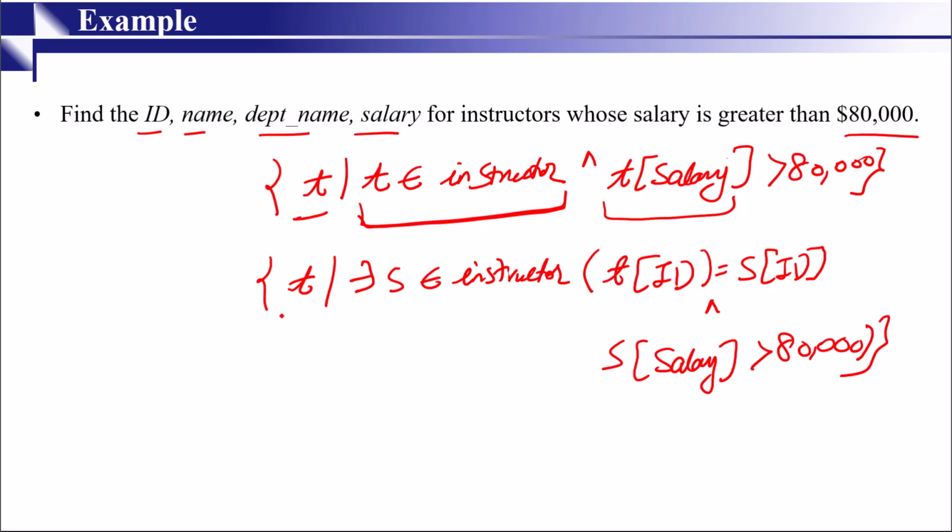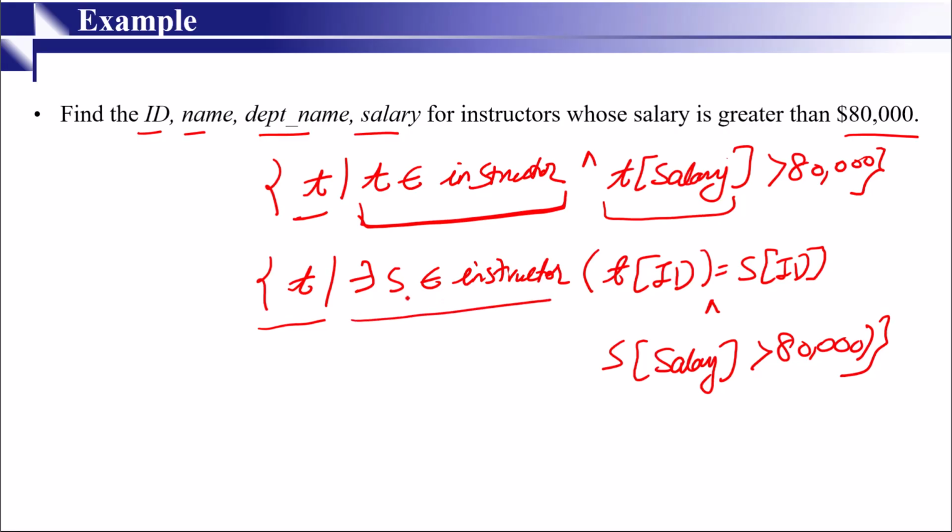So this T, the result, is the set of tuples T that satisfy some condition. So this T represents an output tuple. In this case, it means one instructor record from the instructor table.